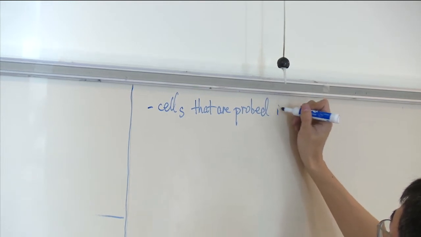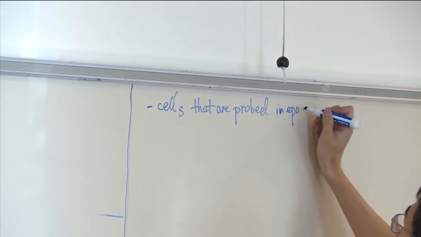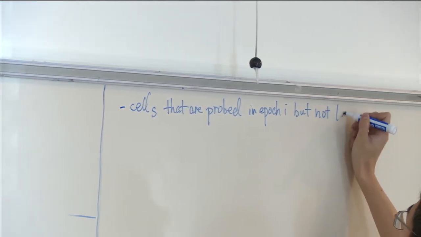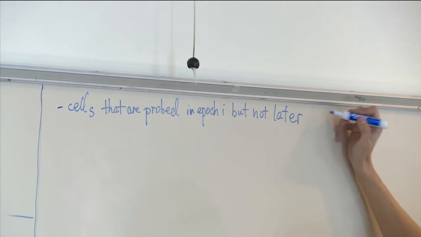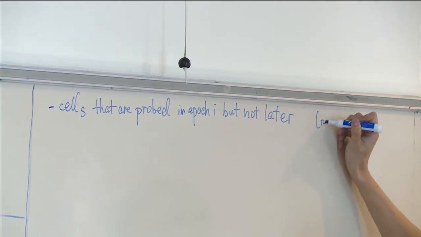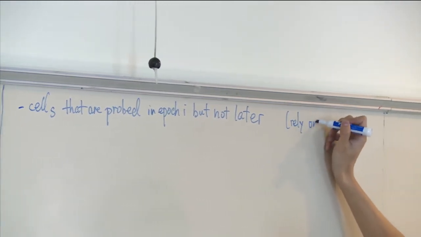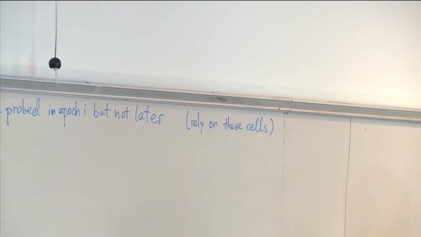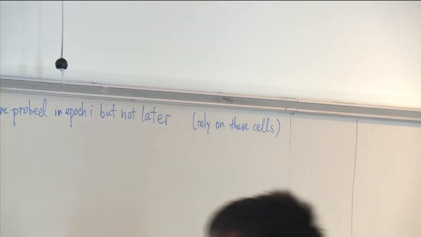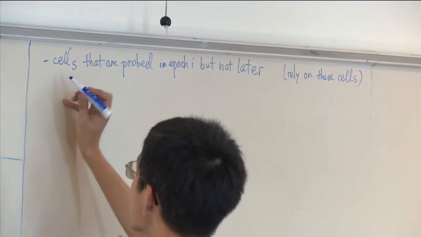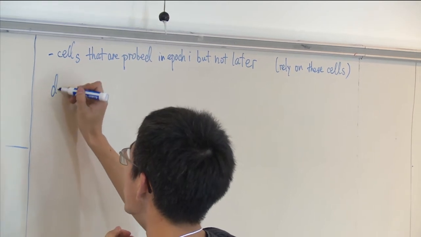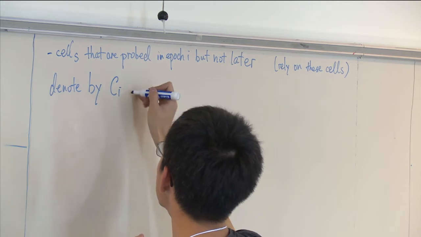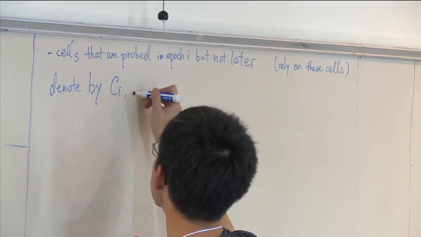Probed in epoch i, but not later. And we have to rely on those. And then for simplicity of notation, we just denote this set of cells by C_i.